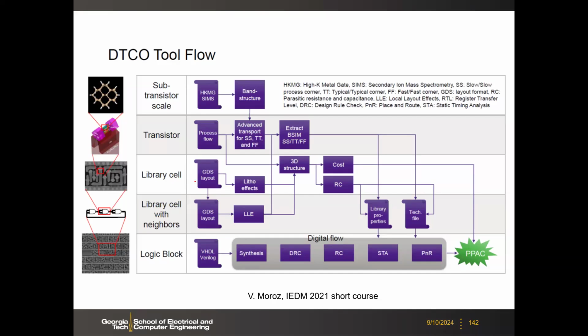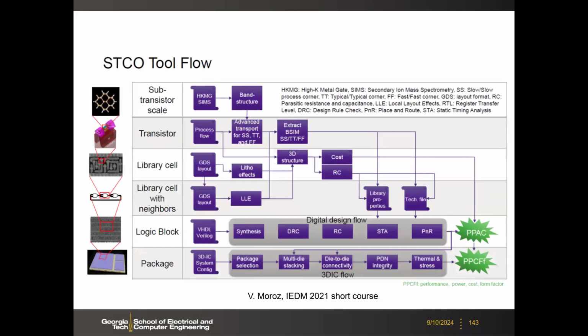And then you generate the standard cell, neighbor cell, and then the layout. And then you consider the routing in between. And then you plug everything into the digital design flow from the synthesis to the placement and route. So you can do predictive design using this kind of flow.